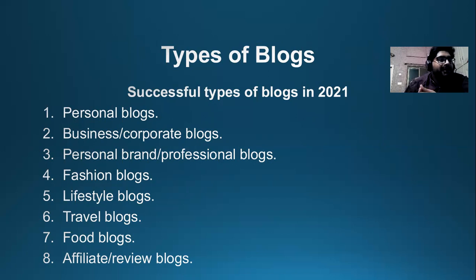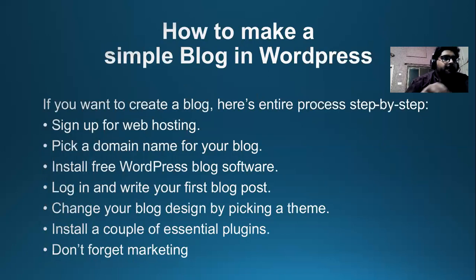So for the affiliate link we have put from Amazon, Amazon will pay us because we have helped them in their sale. Okay, moving forward, we will study how to make a simple blog in WordPress.